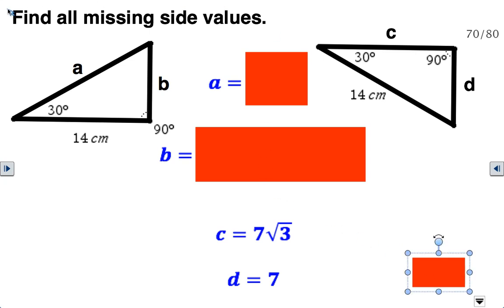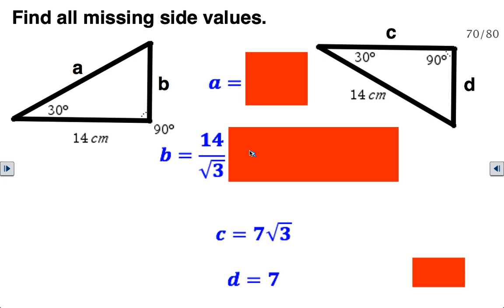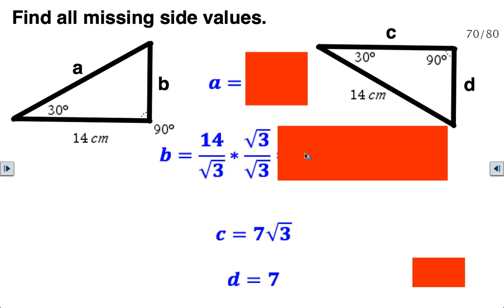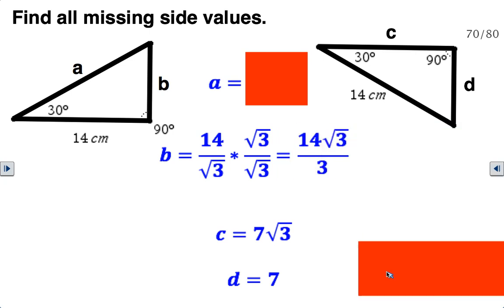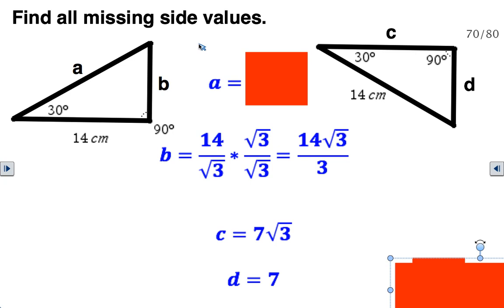That one's pretty easy, but if you have the long leg and you're looking for the short leg, you have to divide by the square root of 3. You cannot leave the radical in the denominator, so you multiply both numerator and denominator by the square root of 3, and then you simplify it if you can. This one you can't simplify. That's as simplified as you can get it.